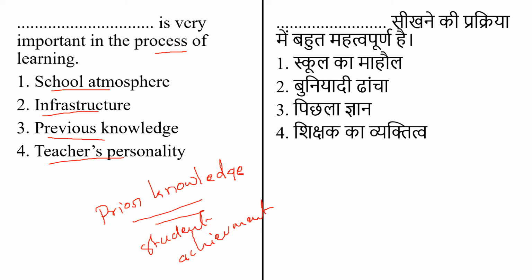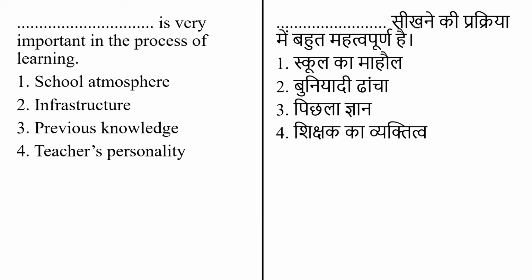The amount and the quality of prior knowledge positively influence both knowledge acquisition and the capacity to apply higher order cognitive problem solving skill. The previous knowledge and experience of the learner are directly related to the teaching process. Why? Because if we know about a certain concept, then it will be easy to understand that concept, right? So previous knowledge is very important in the process of learning. The answer will be option number 3, that is previous knowledge.